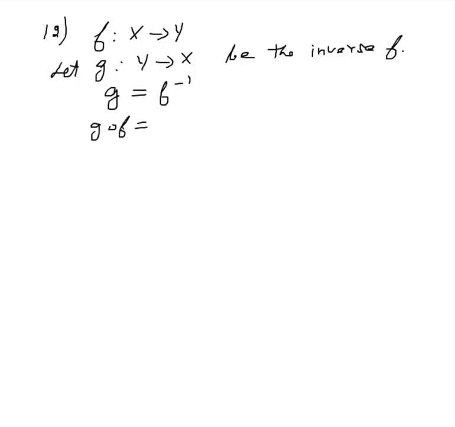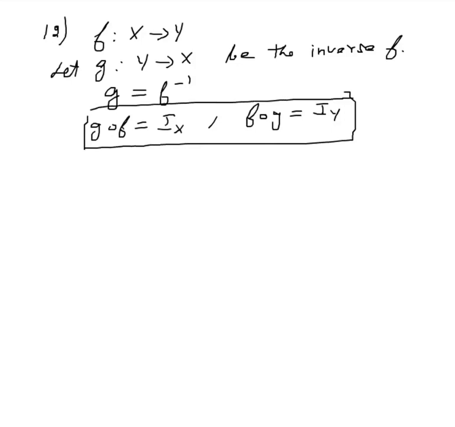And we know the definition. g composite f must be I_X and f composite g must be I_Y. From this definition, we know that both f and g are invertible functions. We know that g's inverse is f, f inverse is g. So I'll write that g inverse is f and f inverse will be g. I'm going to take inverse on both sides of this.